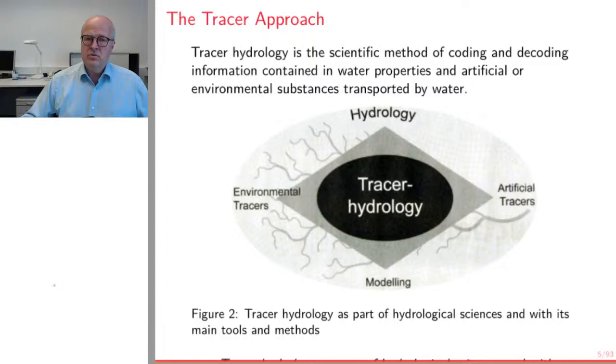I learned to apply environmental tracers in Namibia during my PhD because in Namibia I simply could not apply artificial tracers. We are in a desert, a semi-arid region. So first of all, you don't have rainfall during most of the year, just during single and very short events.